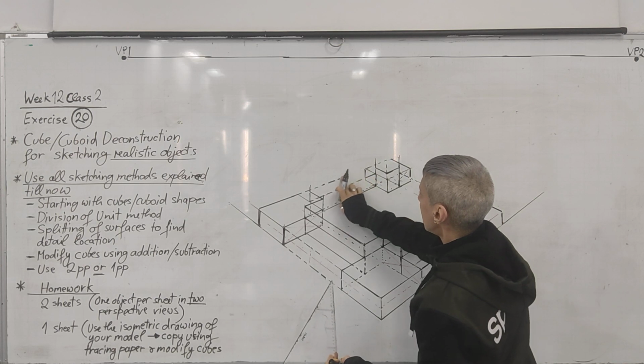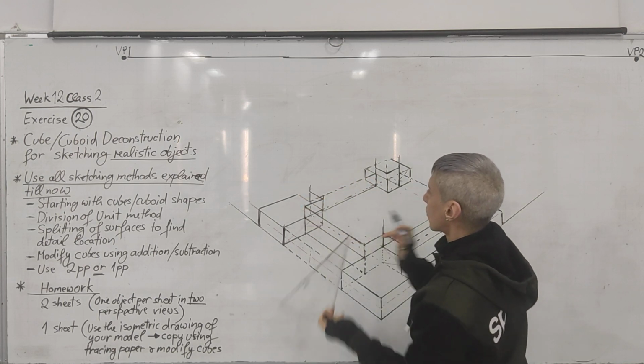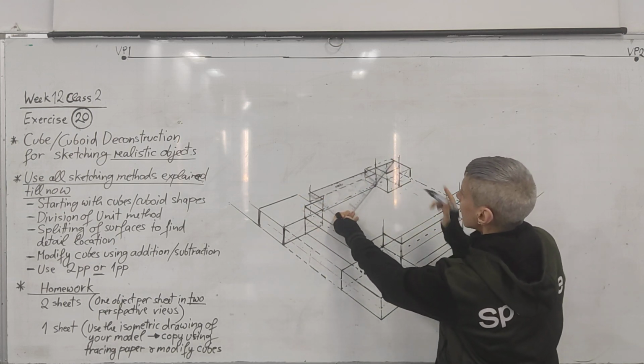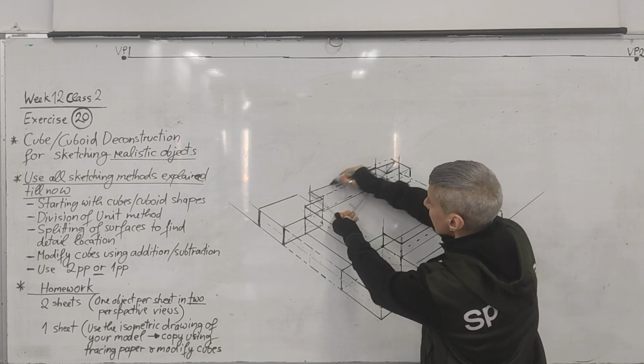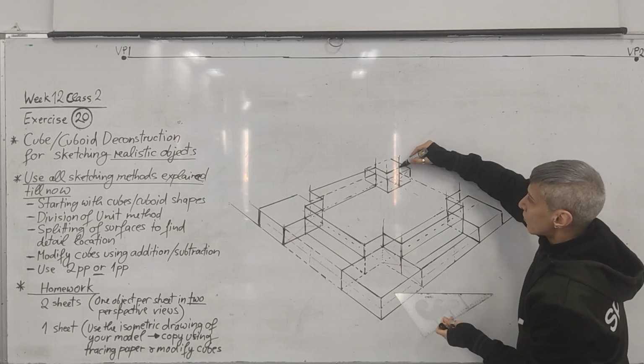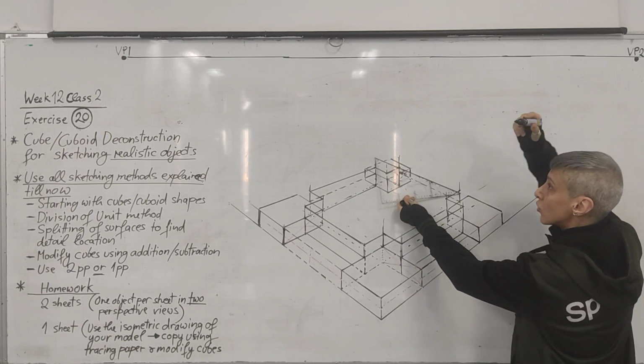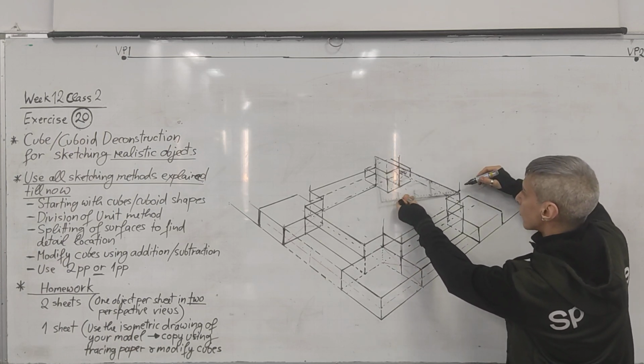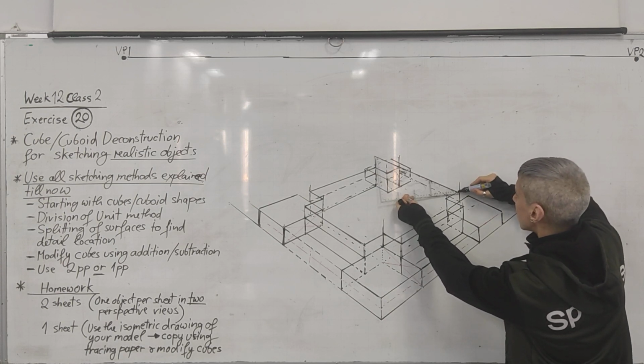Let me delete this line here. This was a construction line, and this should go also to the vanishing point, of course. This point and this point should connect. And they should go to the vanishing point, if the drawing is correct, of course.